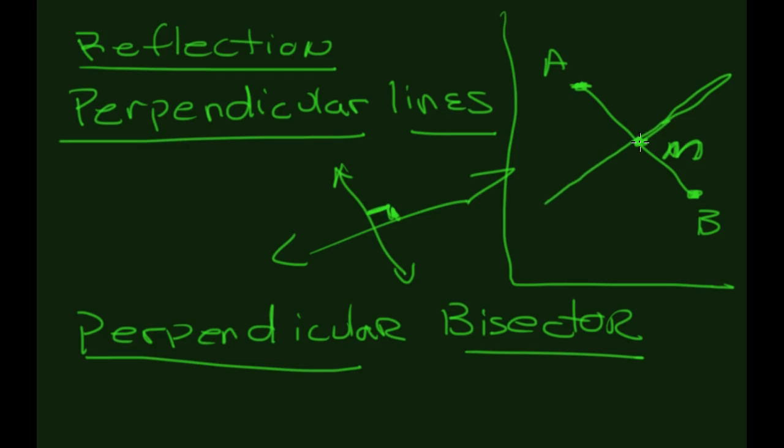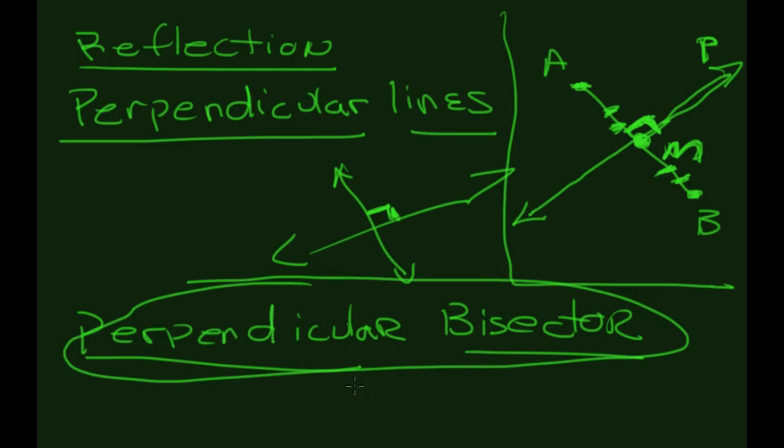If a line, or another segment or ray, so let's call that line P, because it's confusing to call it line M when I have a point M. If that line P goes through the midpoint of the segment and it's perpendicular to the segment, so it's got to be both, going through the midpoint and perpendicular, then we call it a perpendicular bisector. It's perpendicular, and it bisects. It cuts the segment into two equal parts.